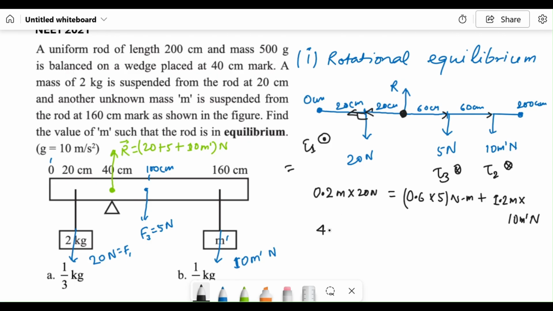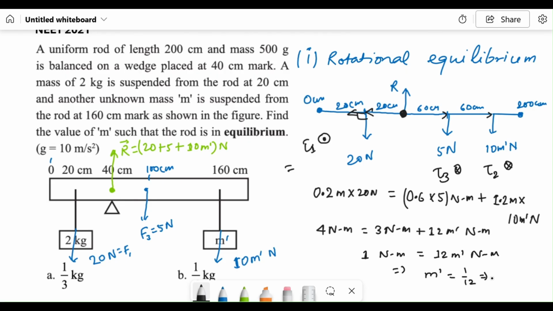Now, this will be 4 Newton meter equals to 3 Newton meter plus 12 M prime Newton meter. So, here it will be 1 Newton meter. I am just subtracting 3 Newton meter from both sides. So here it will be 4 minus 3, that will be 1, and here this 3 will be gone. So it will be 12 M prime Newton meter, and then M prime will be 1 by 12.